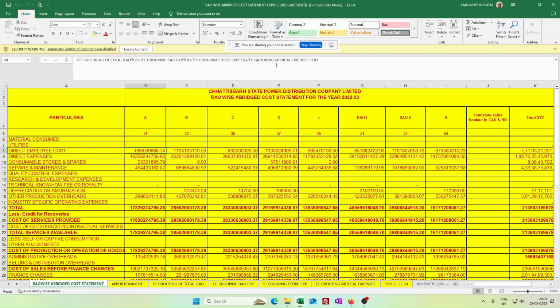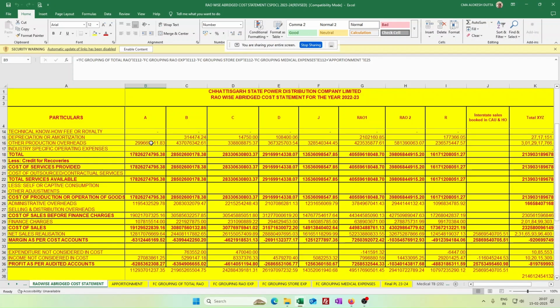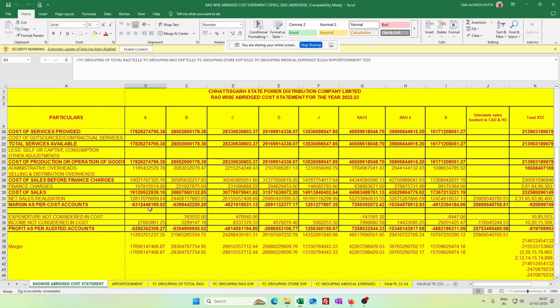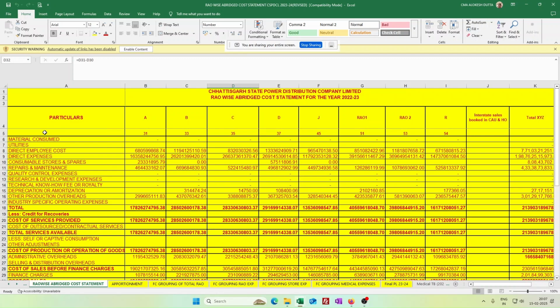And with that, the apportioned cost has been added here. So it declares the costing margin as per the cost accountant of A cost center. Similarly, it is B cost center, C cost center, like this. This is as per the average cost statement.